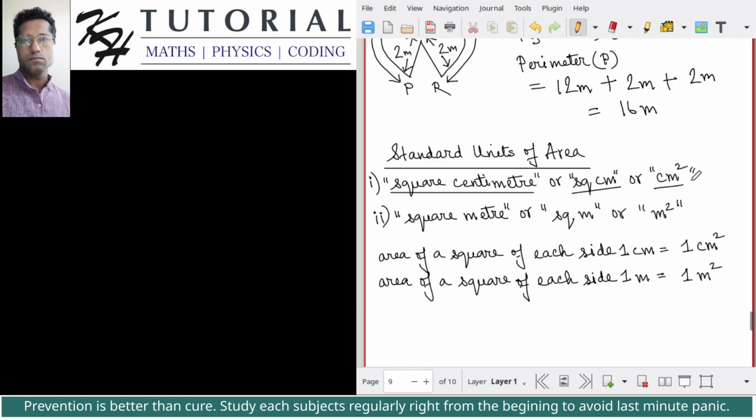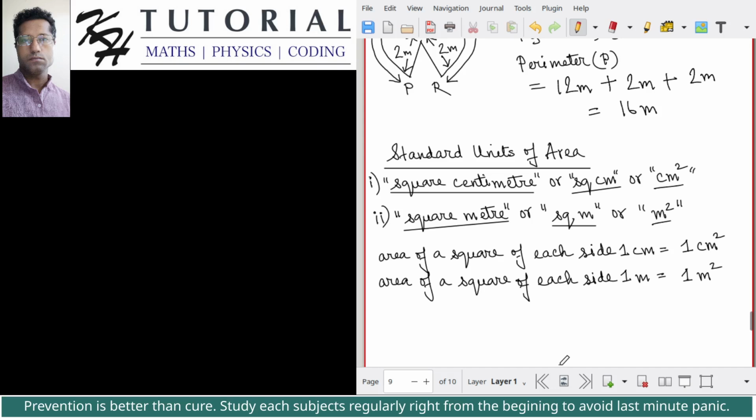Another unit is square meter, also written as sq meter or meter square. These are the two standard units of measuring the area of a closed figure.